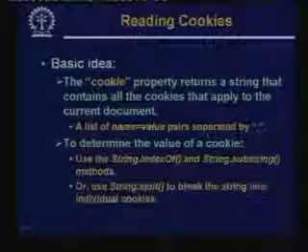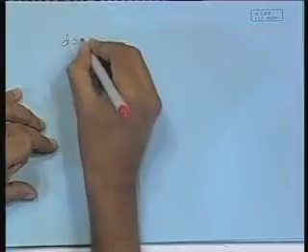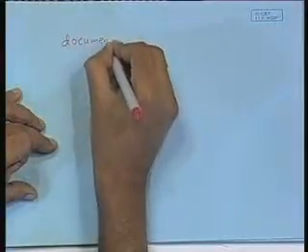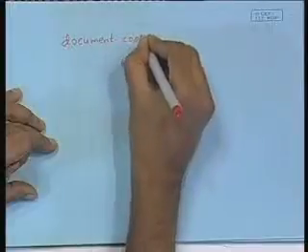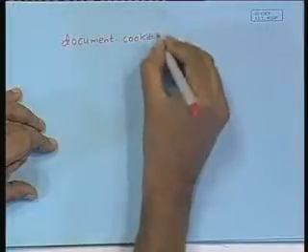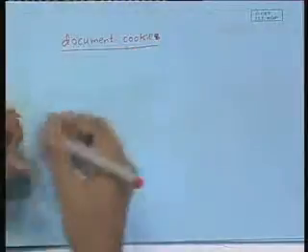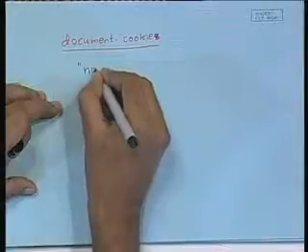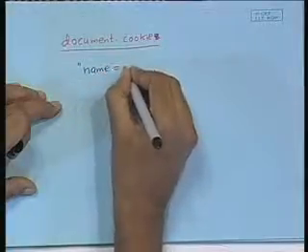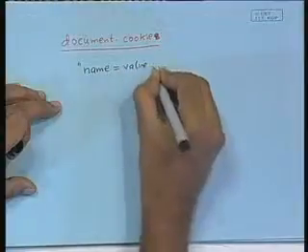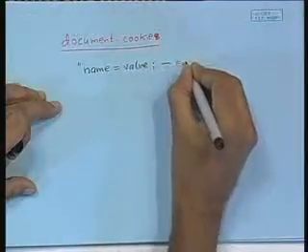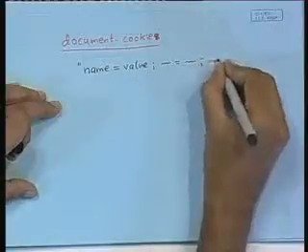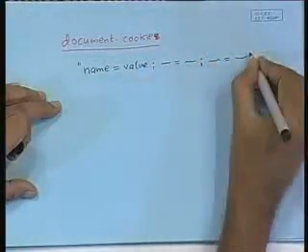So, suppose you access document.cookie. Actually what you get is a string which will consist of name value pairs, name equal to value semicolon, some other name equal to some other value semicolon, some other name equal to some other value. In this way it will continue.